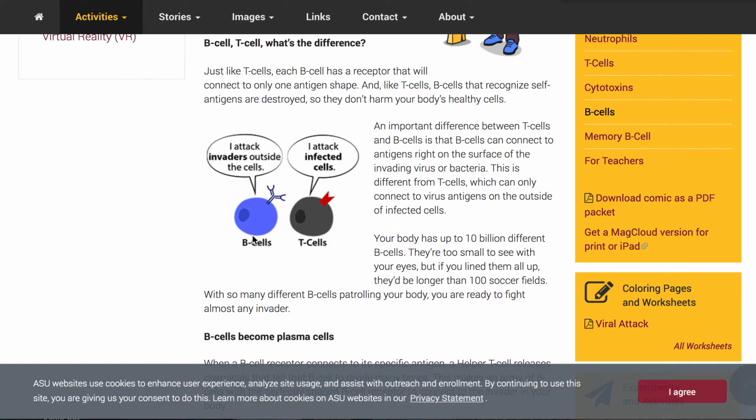B cells finish their development in the bone marrow, which is why they have this B. And the T cells finish their development in the thymus, which is why they have a T. These cells attack specific targets, and then lead to memory cells eventually that will protect your body from reinfection.